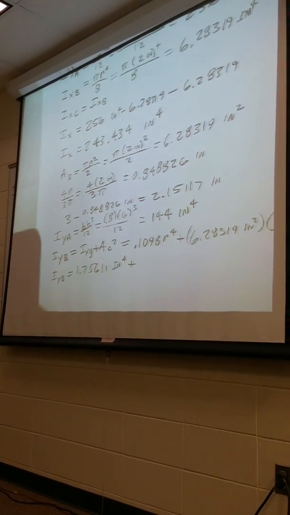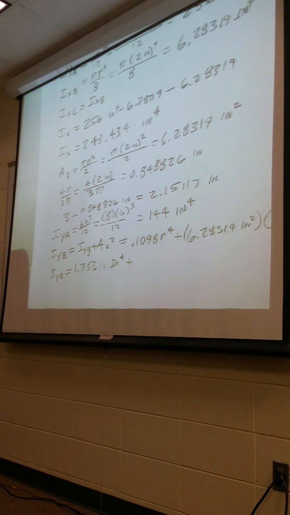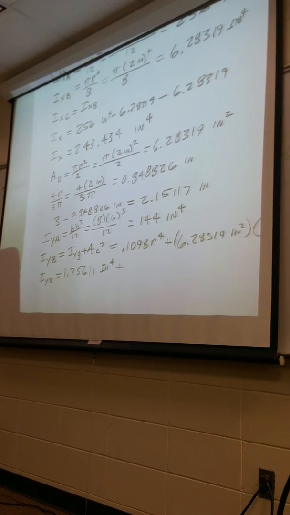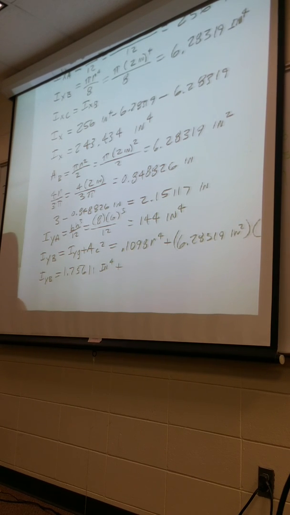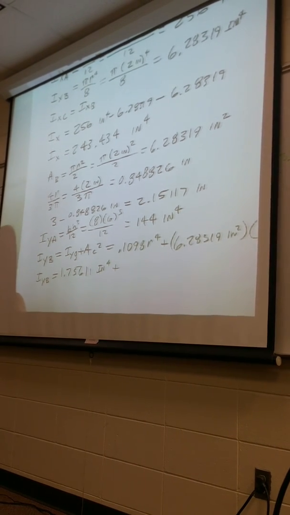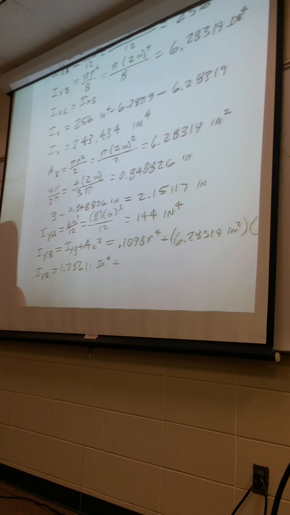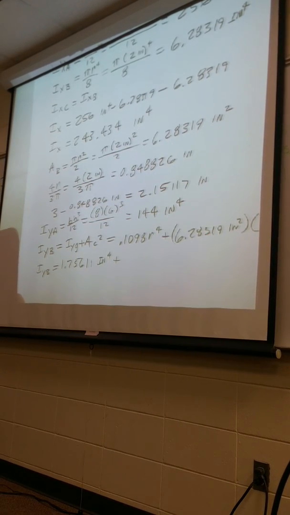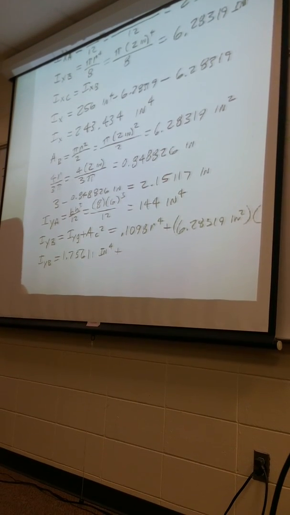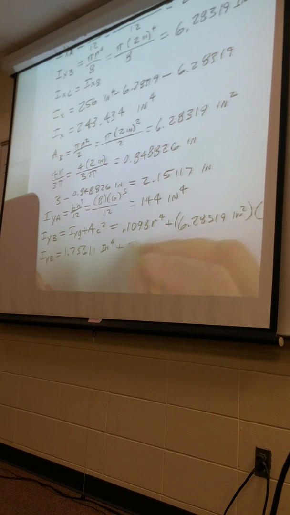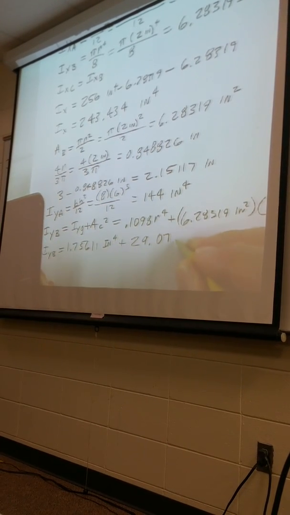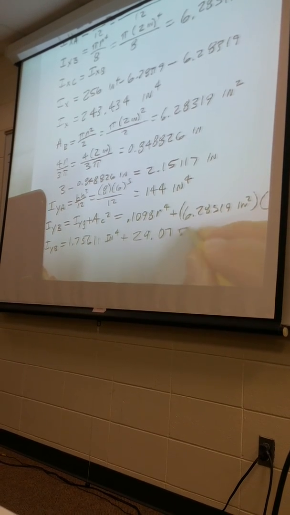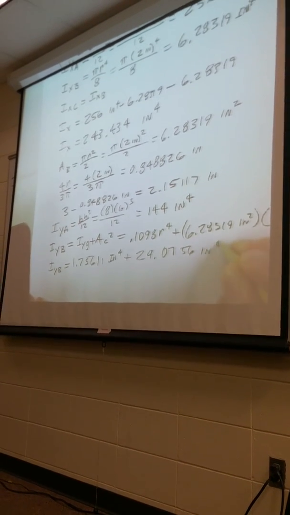Plus 1 times 2.15117 squared, 29.0756 inches to the 4th.